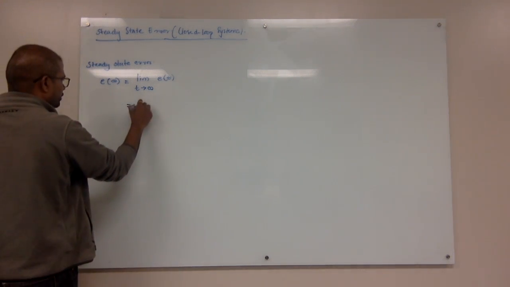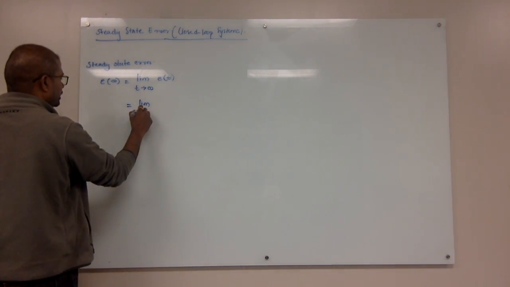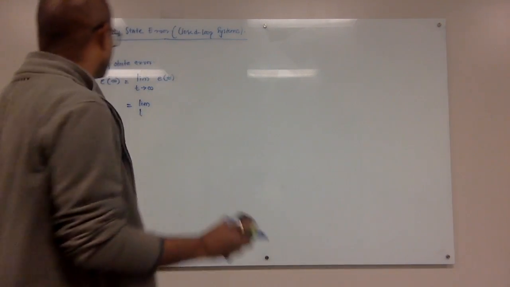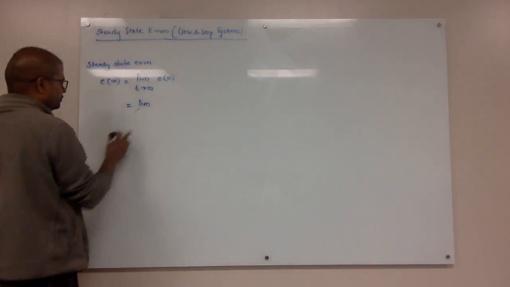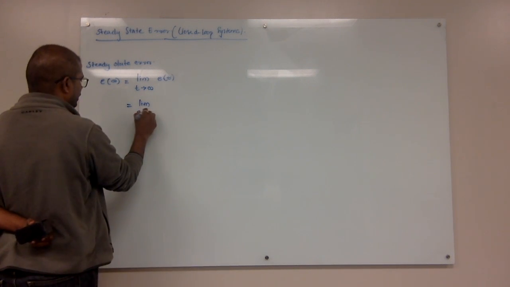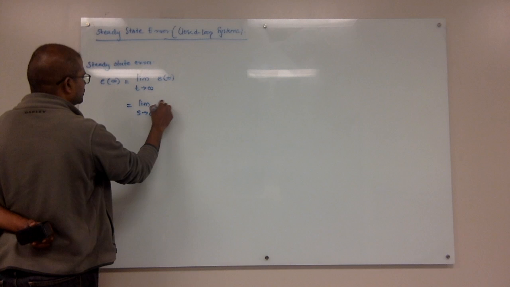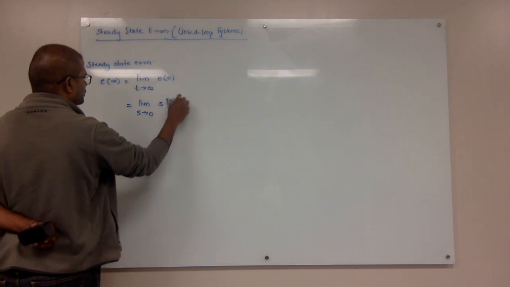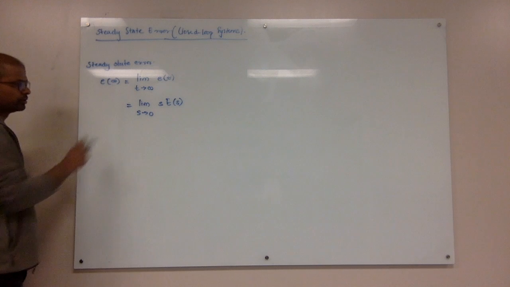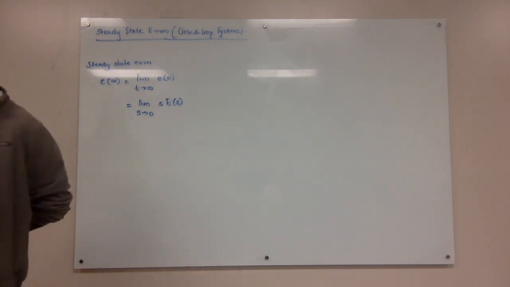This can also be written as limit as, when time goes to infinity, what happens to frequency? It's the opposite. It is s goes to 0. This is how it's defined, okay? Steady state error. That big E represents error.